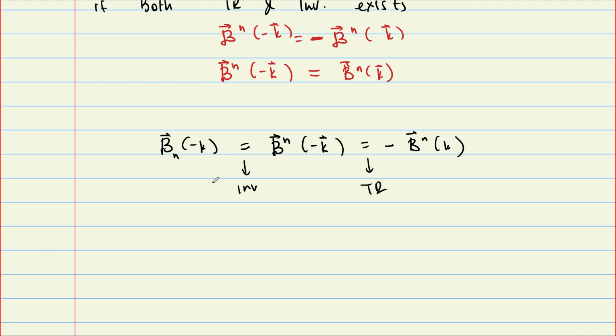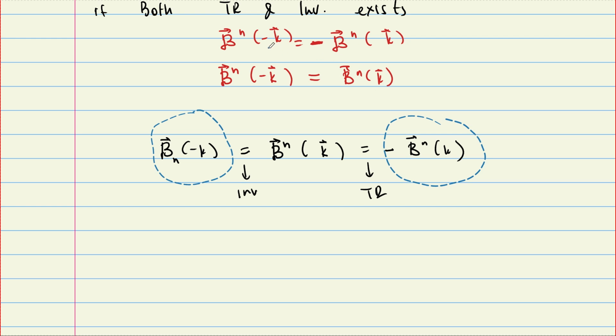Now I compare this line with this line. So the middle one is plus k, that is in parentheses. Yes, this one is plus, right? Okay. Now I got it. So this is minus k because of inversion. This is plus. Now this entire thing, because of time reversal, is equal to this.